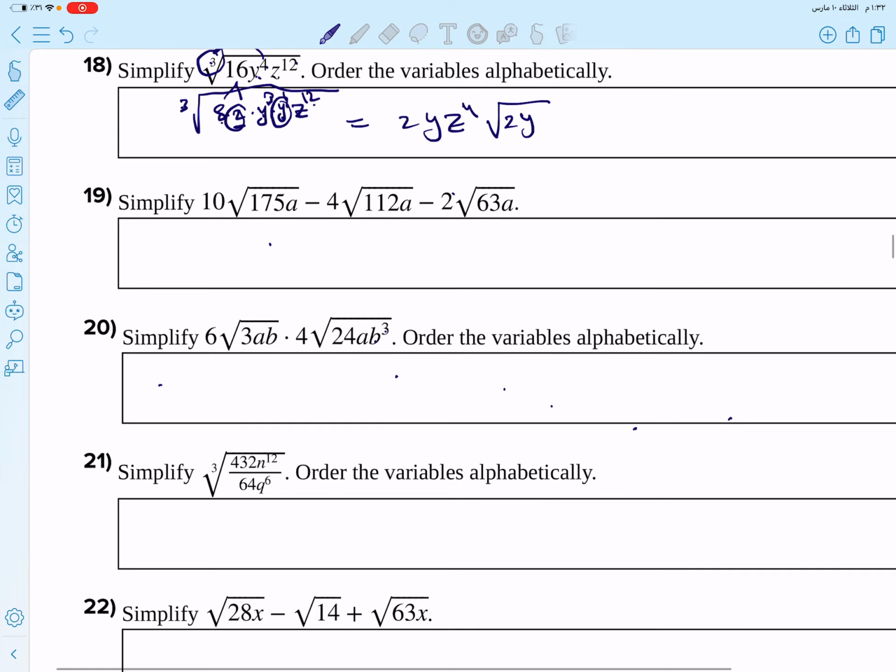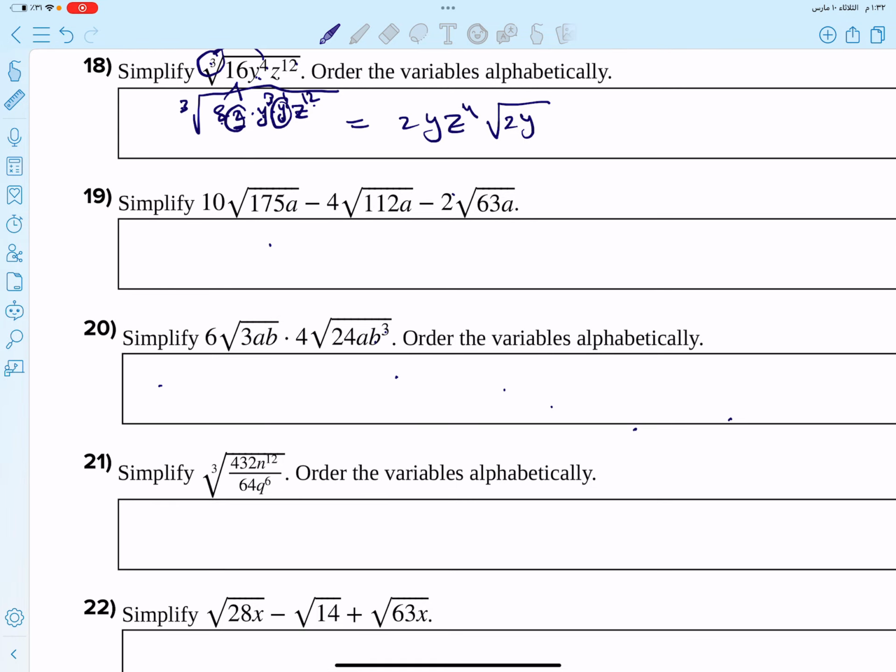Okay, next one, I need to simplify that. 175, I can write that as 25 times 7. 112 is 7 times 16. And here, 9 times 7. Okay, I just need to simplify.